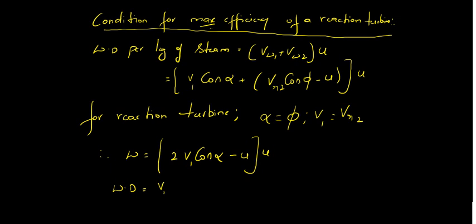V1. If I take V1, it will be 2 cos alpha minus U by V1. If I take V1 square as common, 2 cos alpha by V1 minus U by V1 square in terms of U. Is this clear?